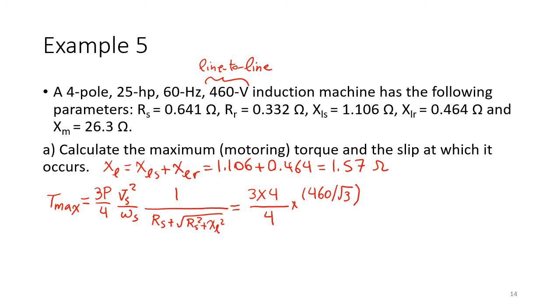I emphasized it several times that in this equation you need the line to neutral or phase voltage, not line to line, while usually the rating of the induction machine is given to you as a line to line voltage.